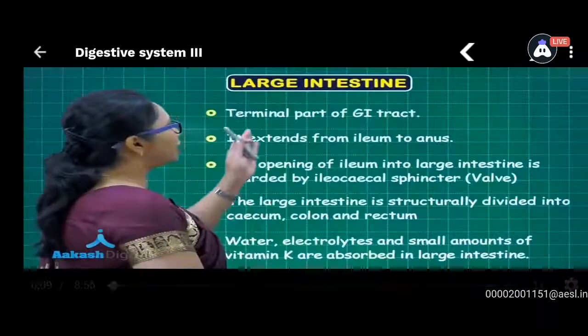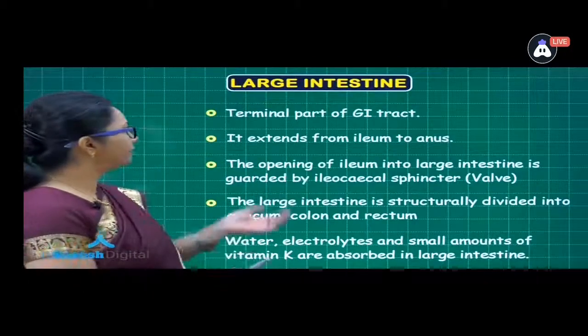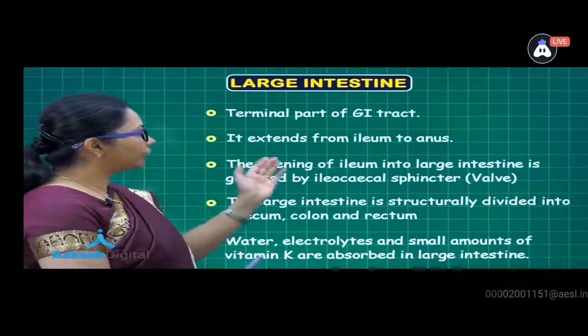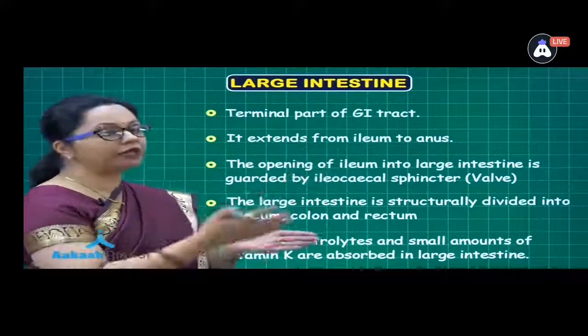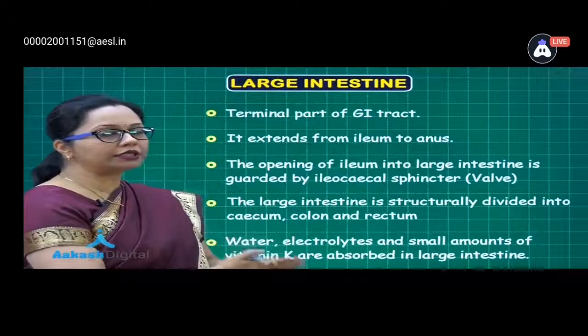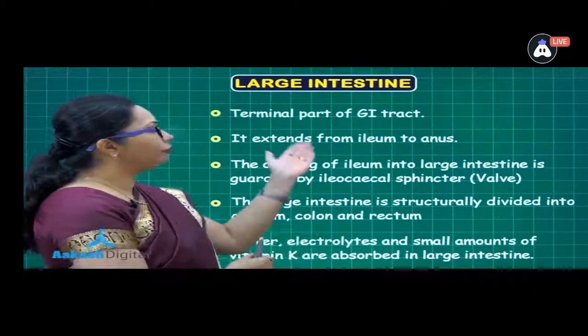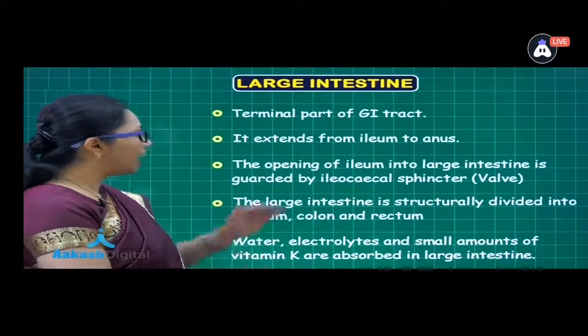The large intestine is the terminal part of our GIT, and it extends from the ileum, that means the last part of the small intestine where it ends, to the anus.